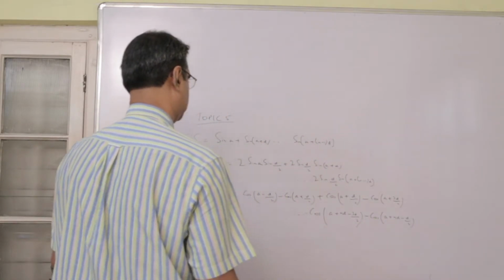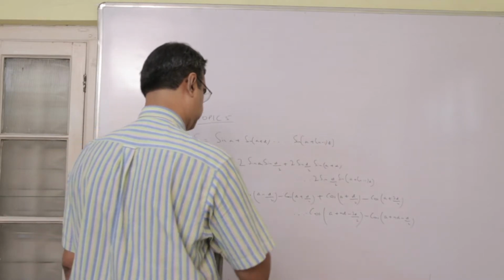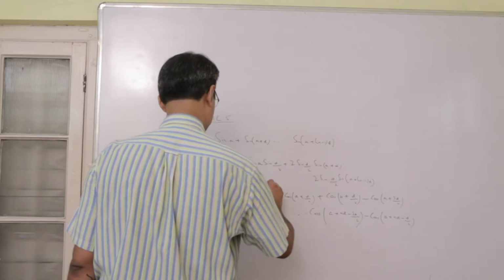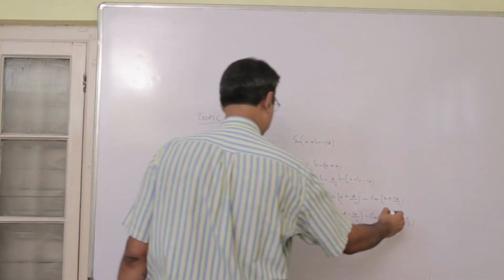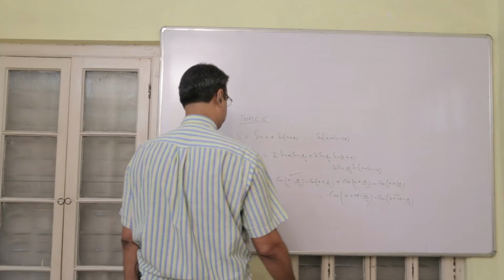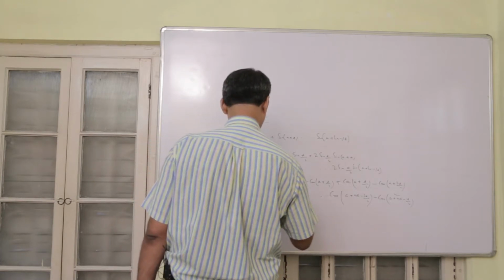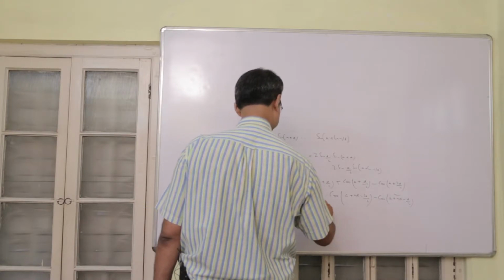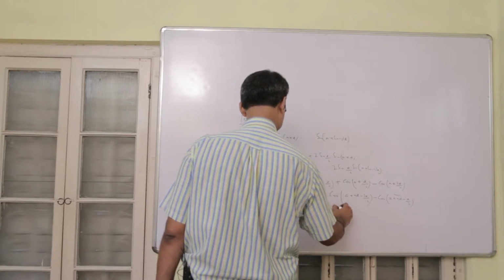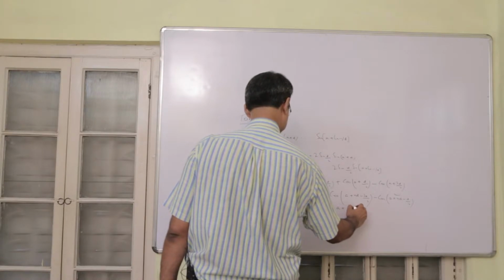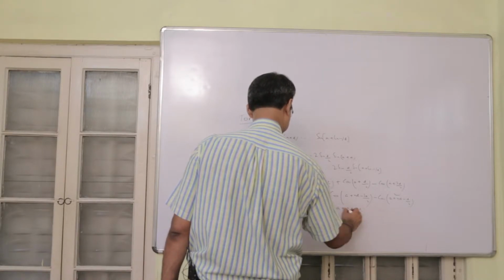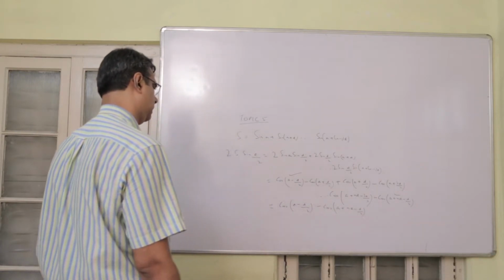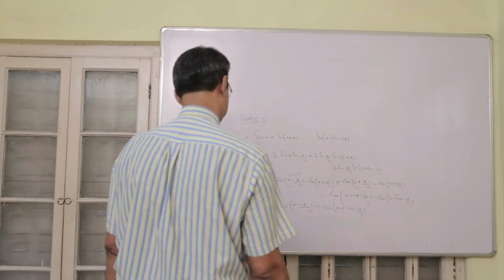And when we reach the last term, this is what we will get. So finally, except this term and this term, all the others will get cancelled out. So we are going to get cos a minus half d minus cos a plus nd minus half d.